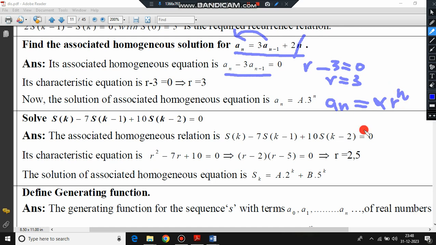That's the general form for linear equations.